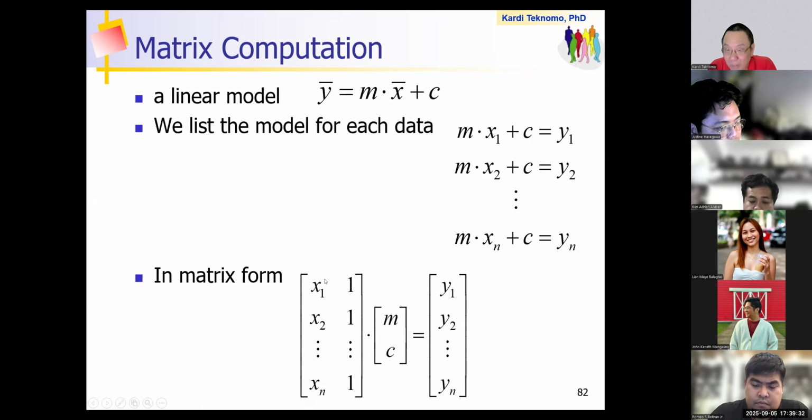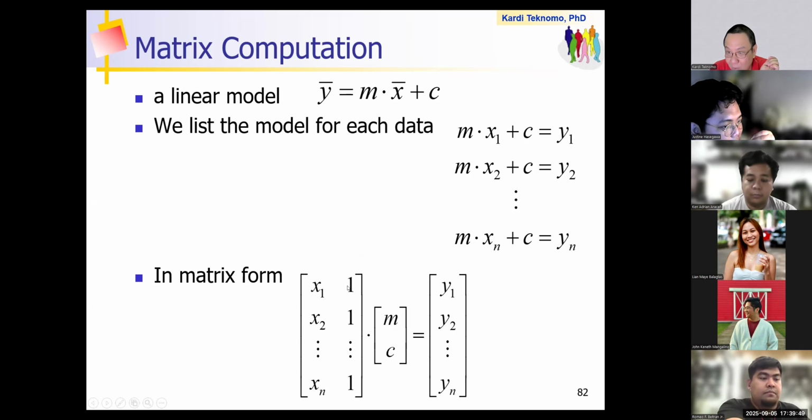If you look at this, I hope you remember matrix multiplication. This row multiplied by that column equals this value. So here, x1 multiplied by m plus 1 multiplied by c equals y1.